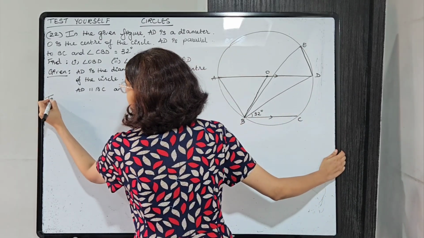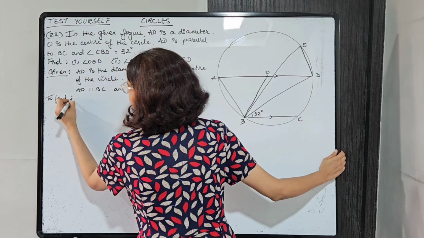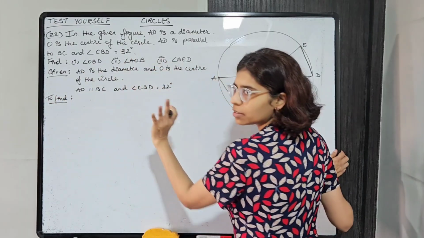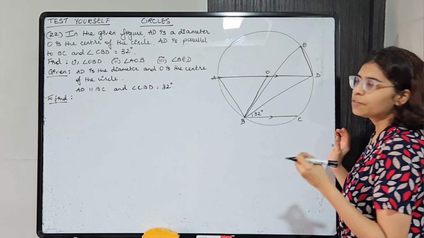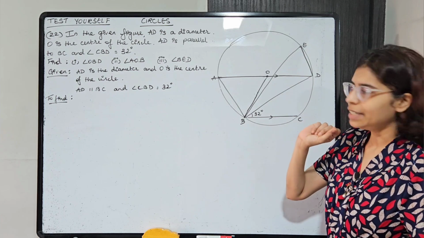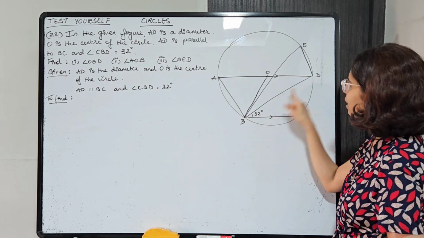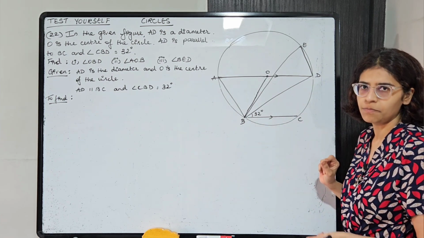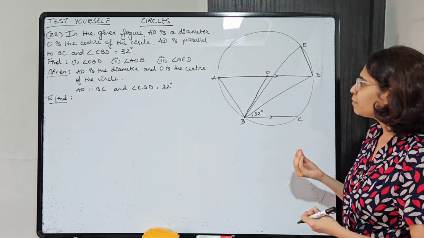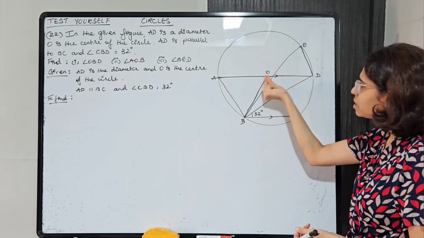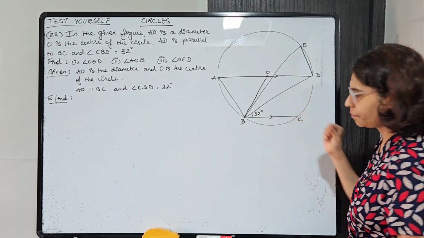We need to find three angles. So you will write down the three angles over here. First we need to find angle OBD. Now to find OBD, we'll consider this triangle OBD.